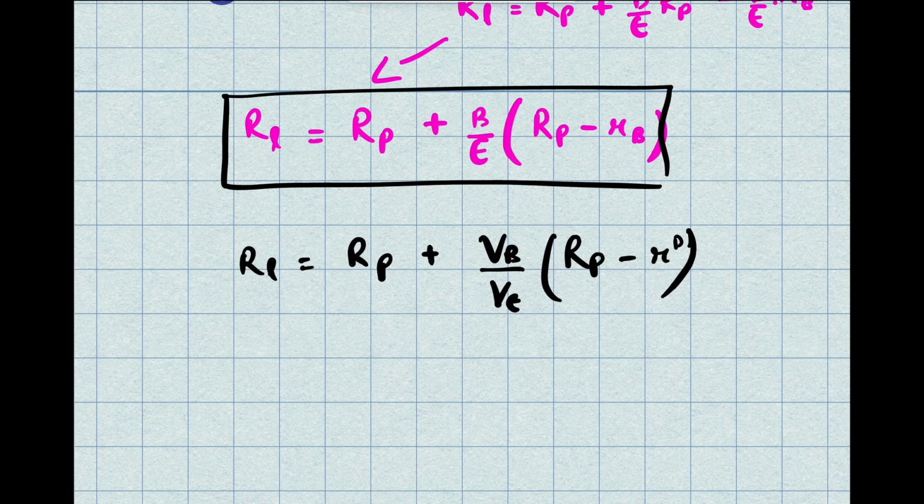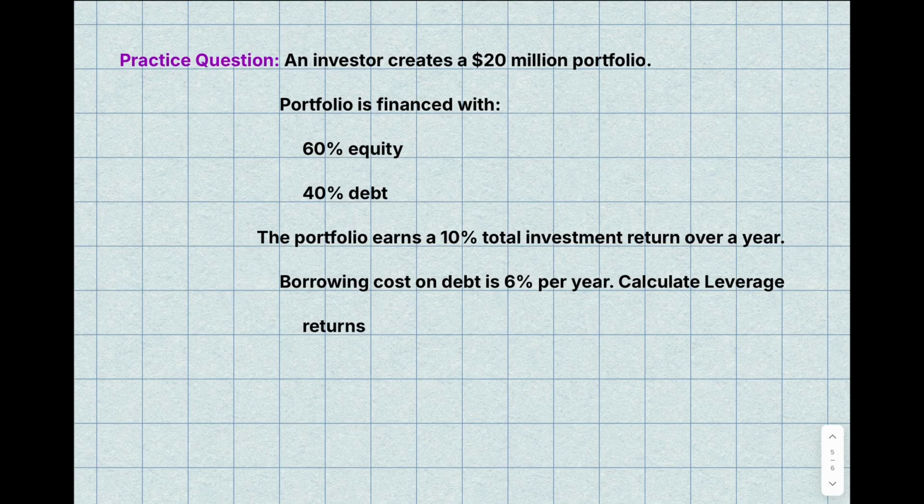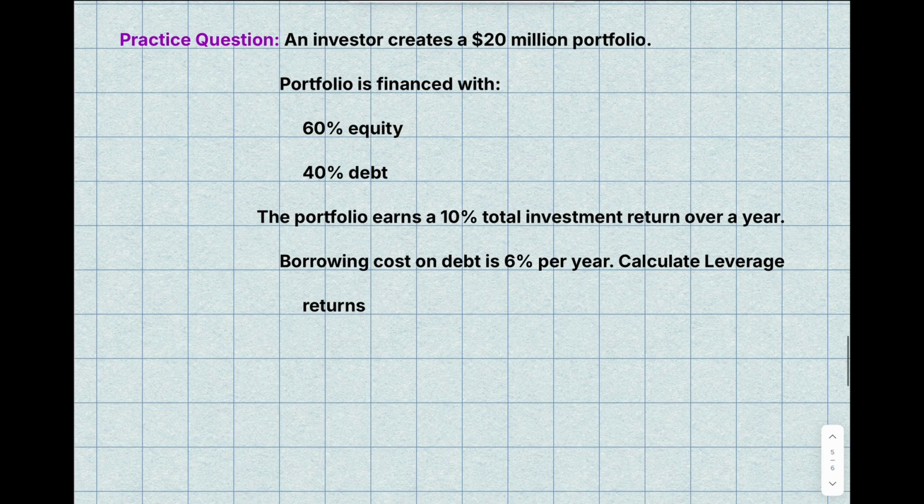Now let's try to solve one question. So this is the practice question. You can try it before we do it together. You can give it a try. If you did it, then hats off to you guys. Let's see what we have to do. Okay, so I'll just write down our formula.